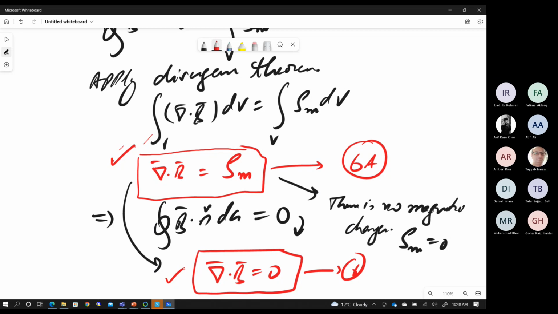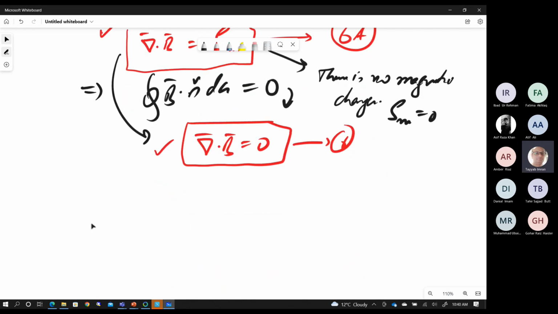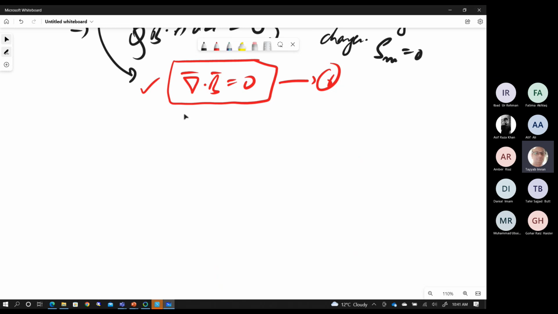Okay, in some cases, we assume that there are some magnetic charges. Now, this we did with equation number 2. And now we move to equation number 3. Okay. So equation number 3 भी हमने अभी देखी थी. Equation number 3 क्या है जी?